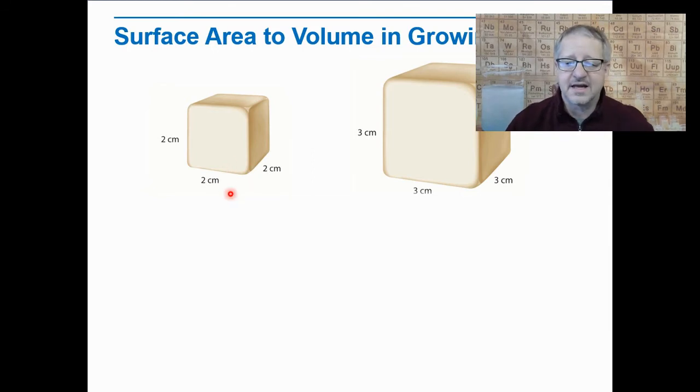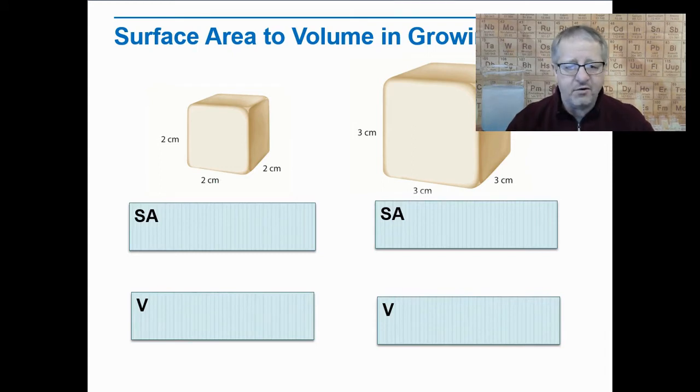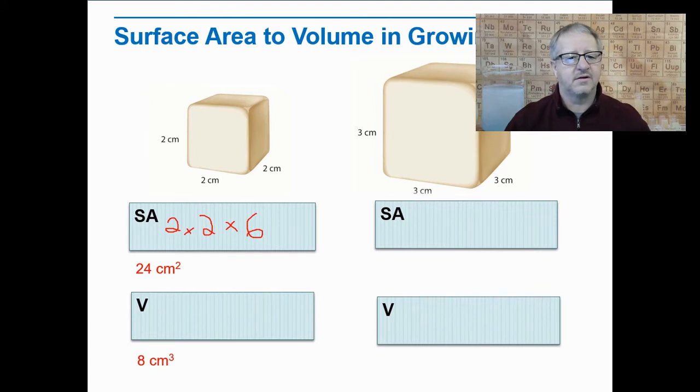So let's take a look at some of these formulas. We'll use the same formulas we used before, except now we're going to figure out the answer. Surface area for this cube is going to be length times width times 6, so we would do 2 times 2 times 6. 2 times 2 is 4, and 4 times 6 is 24.